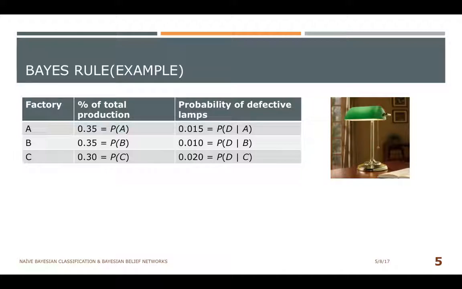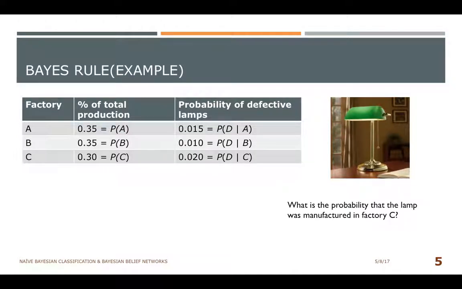The probability of a defective lamp from factory A is 0.015, from factory B is 0.10, and from factory C is 0.020.